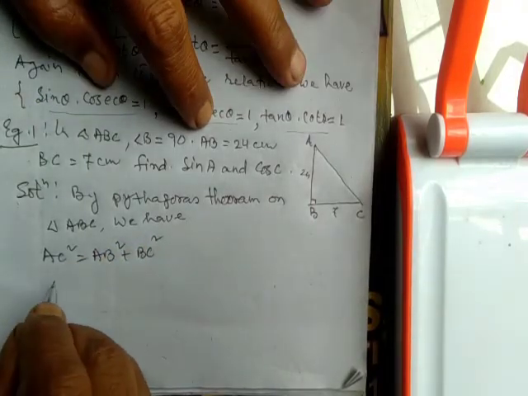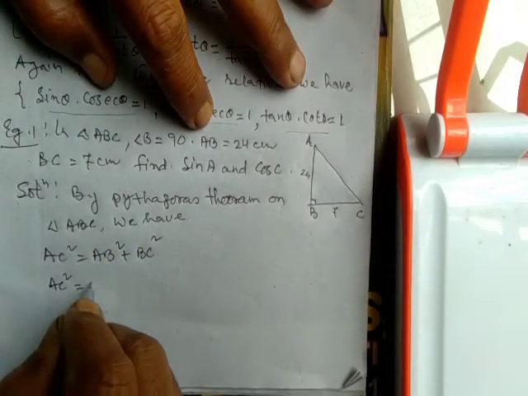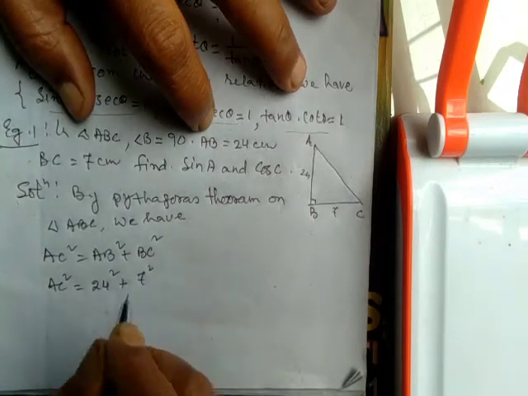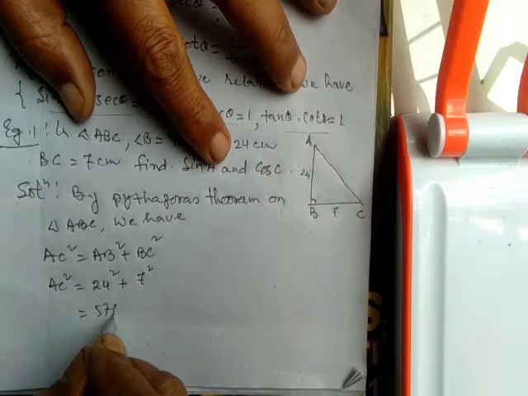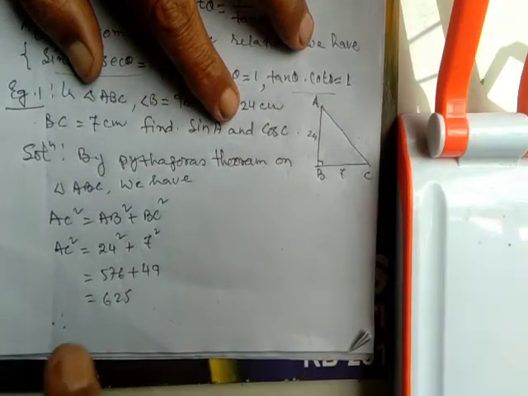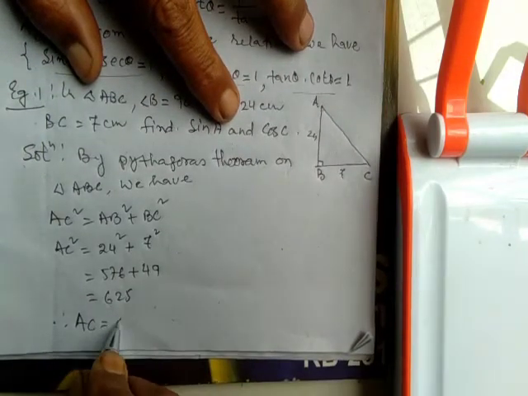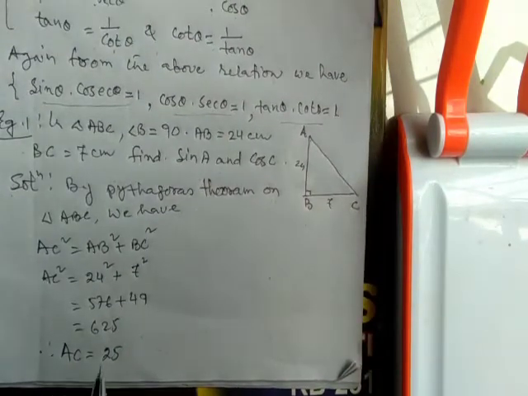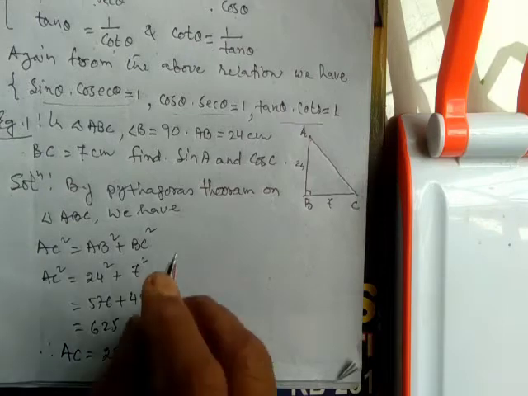AB is given, so AC square is equal to 24 square plus 7 square, which is 576 plus 49, that is 625. Therefore AC is equal to 25. Okay, you got AC is equal to 25.